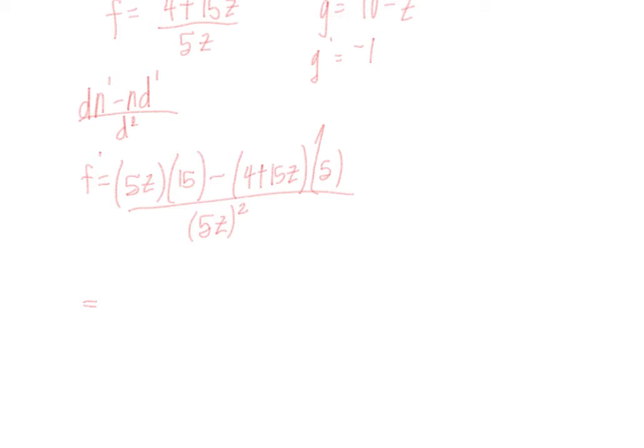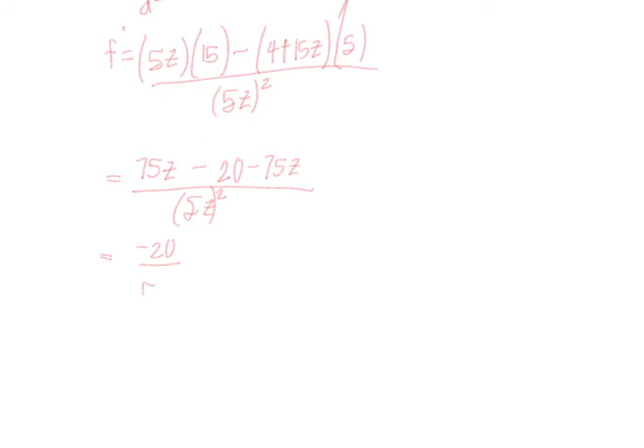So let's see. 75z minus 20 minus 75z, all over 5z squared, is negative 20 over 5z squared.